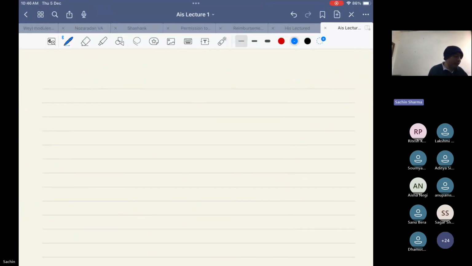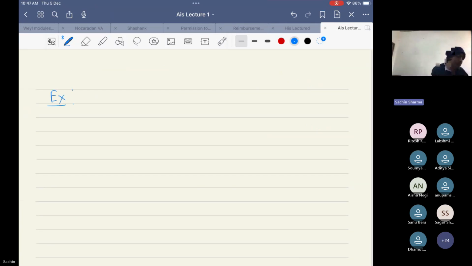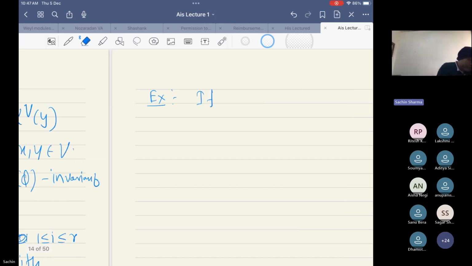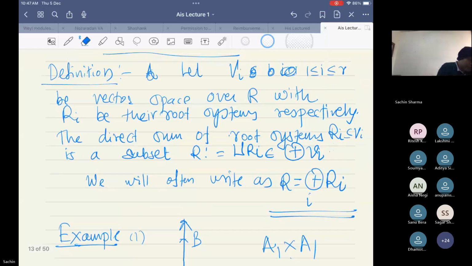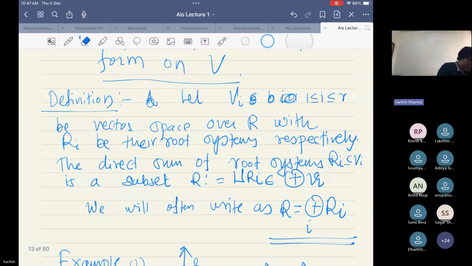Again, an exercise. These are not very difficult. Suppose R, or phi, I am not going to the Bourbaki notation. I have already used R, but in case it is too troublesome, I will change it to phi again.